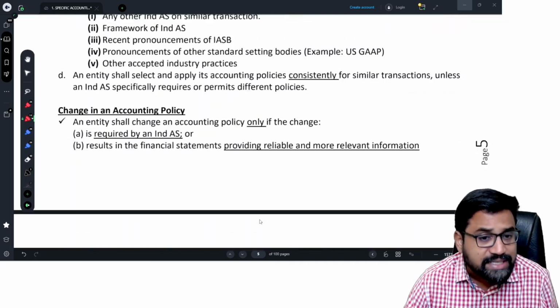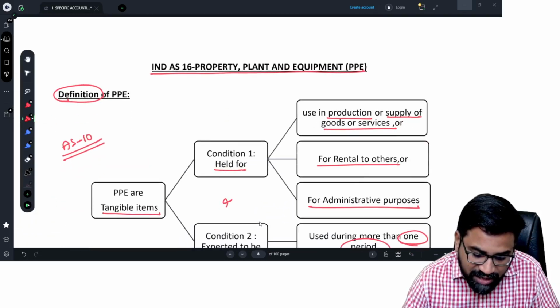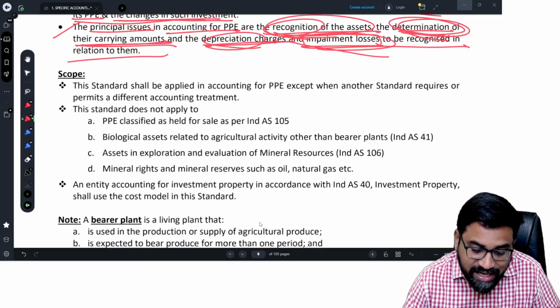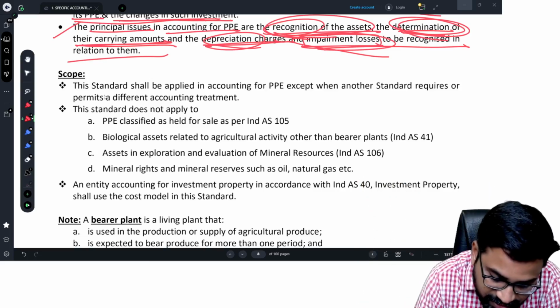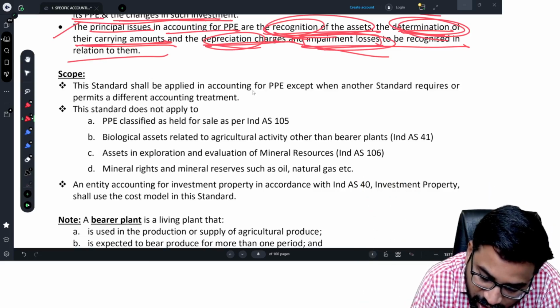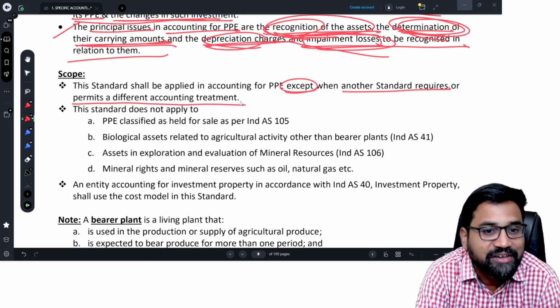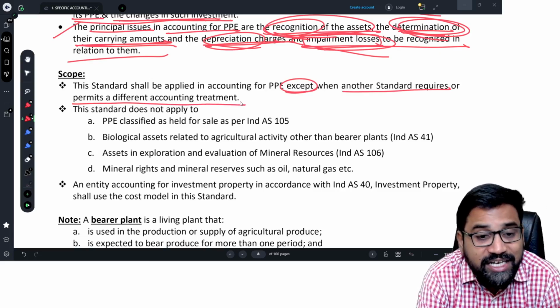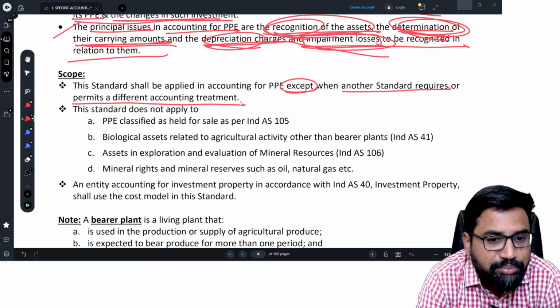Whenever we are discussing the scope of any standard, understand that if the area covered by this standard is addressed by a specific standard, follow that standard. This standard shall be applied in accounting for PPE except when another standard requires or permits a different accounting treatment. When any other standard permits or requires different accounting treatment, follow that.